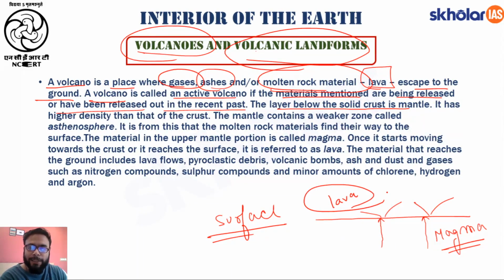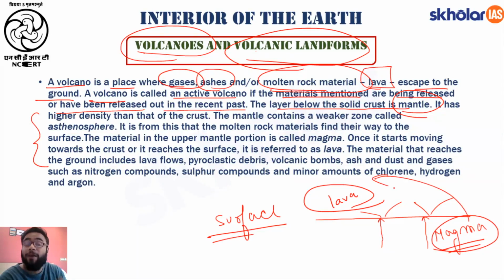Understood? Very, very simple. So now we have the mantle from where your magma is coming out. This whole section basically talks about your magma being referred to as lava when it reaches the outer surface. So the material in the upper mantle portion is called magma, and once it starts moving towards the crust or reaches the surface, we refer to it as lava.